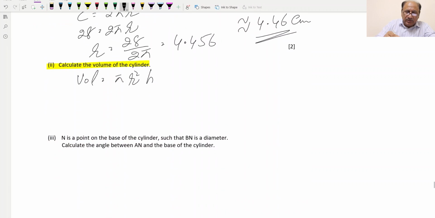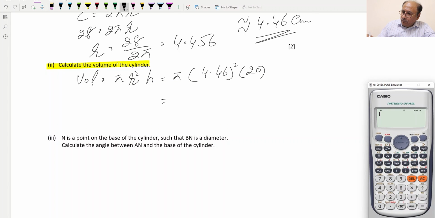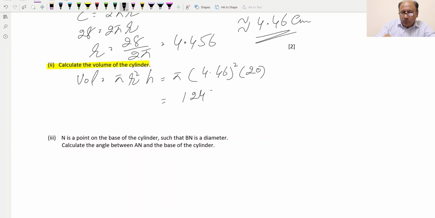So we can write it as pi into r, 4.46 we just found in the previous part, squared into h is 20, and this will be resulting to pi into 4.46 squared into 20. This will be equal to 1249.8 centimeter cubed, and we can round it to 1250 centimeter cubed.